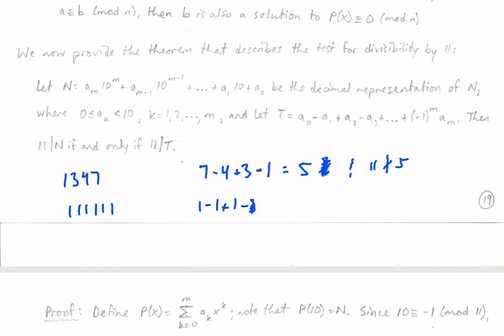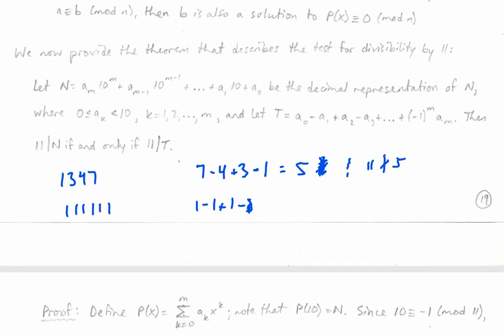Continuing on with this, my apologies for that, let's clean that up. Minus 1, plus 1, minus 1. That's all equal to 0. And we know that 11 does indeed divide 0. So we would know that the number 111,111 is indeed divisible by 11.